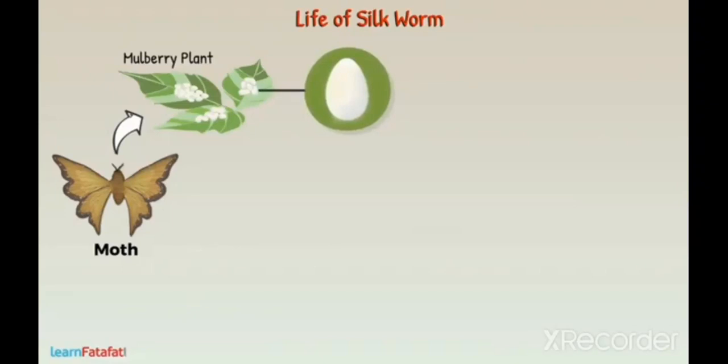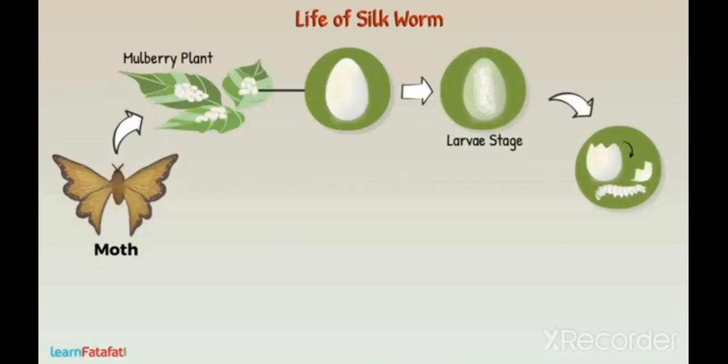When the young organism growing in the egg reaches the larva stage, it comes out of the egg. Now, the organism is known as caterpillar, also called silkworm. The silkworm feeds on the leaves of the mulberry plant.